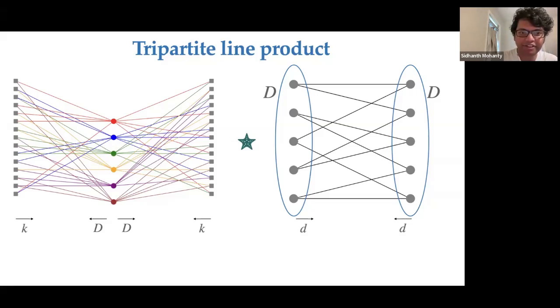There's a left, there's a middle, and there's a right. The degree from the middle to the left is capital D, the same capital D as the number of vertices on the constant size lossless expander. And you should think of this number k, which is the degree from the left to the middle, as being way smaller than d.